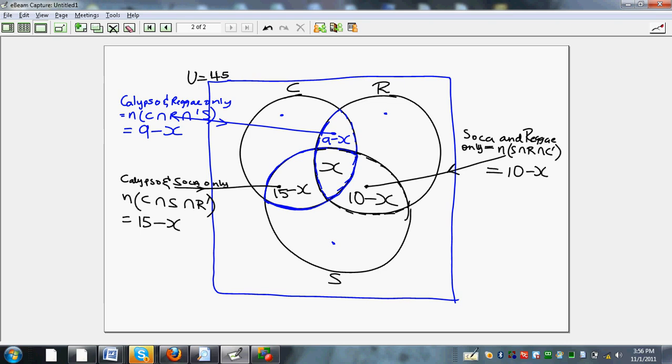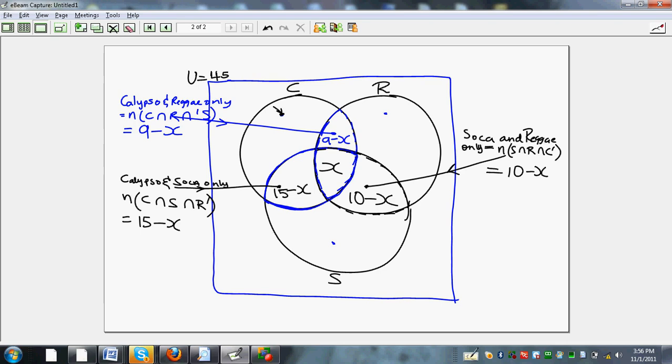So this area here is calypso only. Right? The whole circle is calypso. But the area that is unshaded, that remains without any writing in it, will be calypso only.